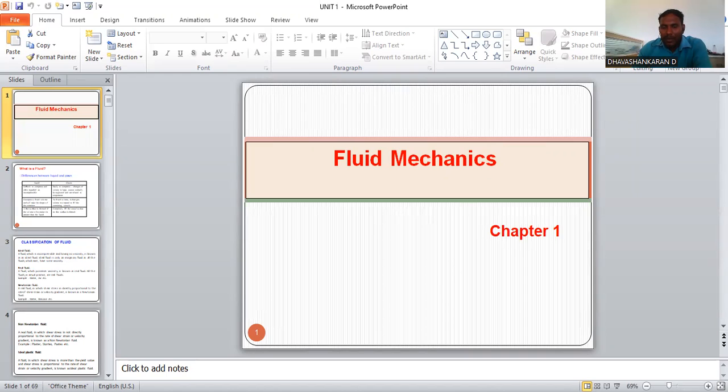But in turbulent flow, it is a zigzag way, formed due to high velocity. This way of flow is called turbulent flow. This is the difference between laminar flow and turbulent flow, which I explained in the previous slide itself.